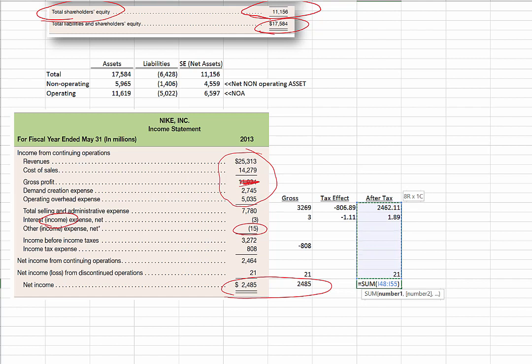And it's always good to do those double checks. 2485, that's good. And if I total this column up, it should be a negative 808. And so everything checks out. Let me format these a little better.